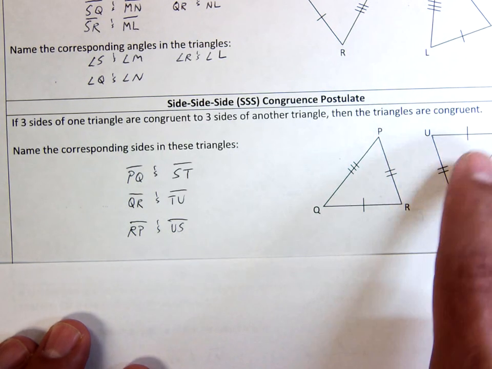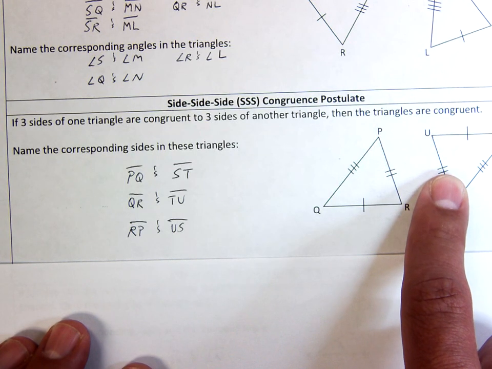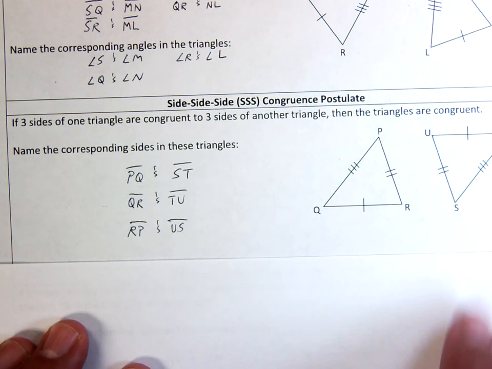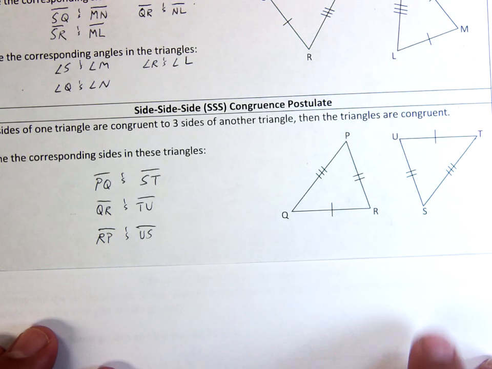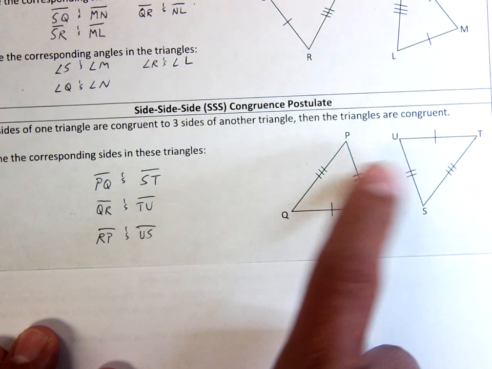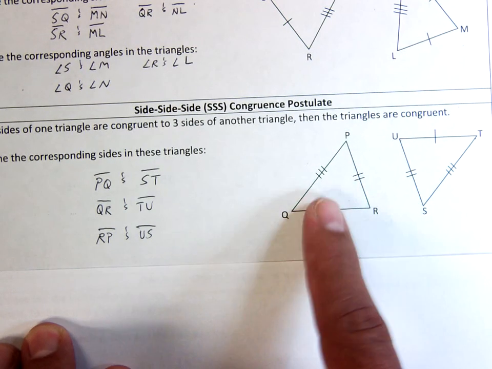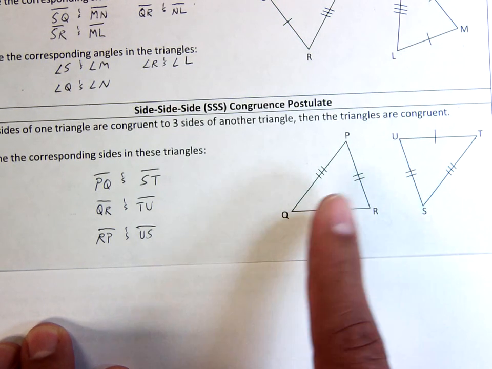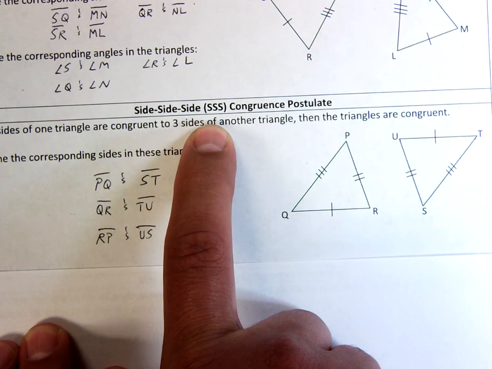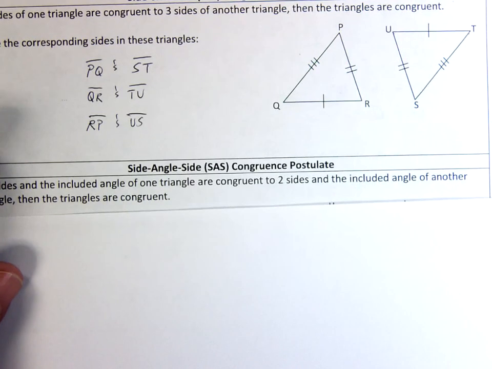Because all the sides are the same, even though we know nothing about the angles from the picture, it's enough just knowing that the sides are the same to say by side-side-side, these triangles are congruent. So you have to be able to use that language. If you're asked what postulate you would use to say that these triangles are congruent, your answer would be side-side-side. And the other shortcut we're going to use is called side-angle-side.